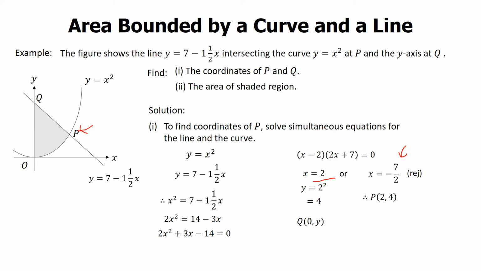To get the coordinates of Q, since Q is on the y-axis, the x-coordinate of Q is 0, so we substitute x equals 0 into the equation of the straight line, y equals 7 minus 1.5 times 0, and y is 7. Therefore, the coordinates of Q are (0, 7).